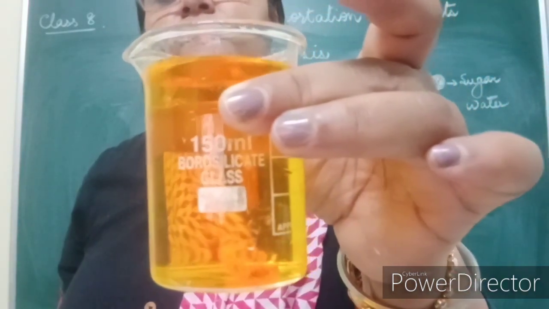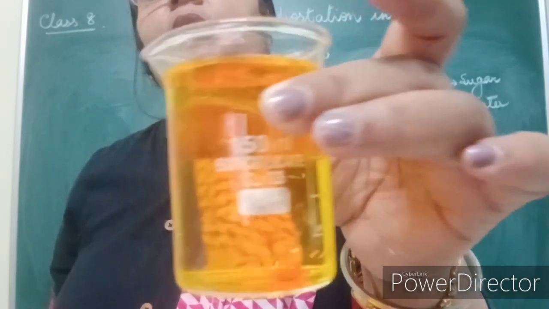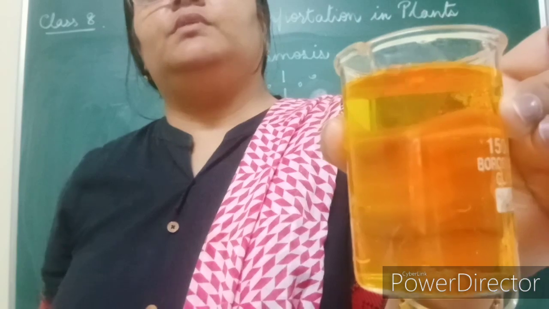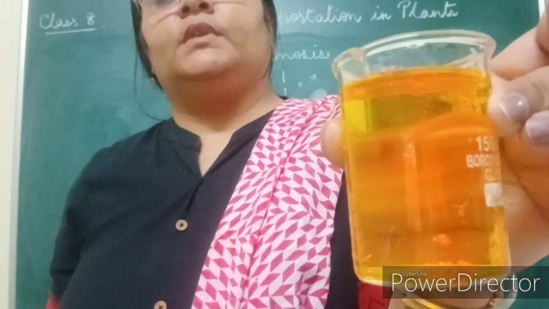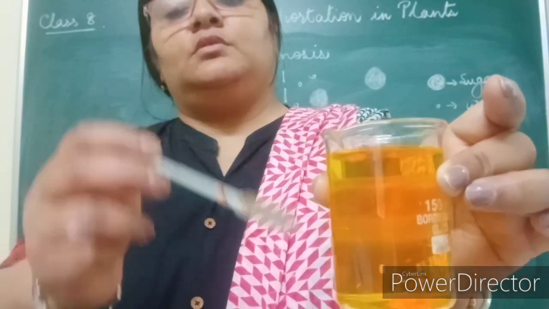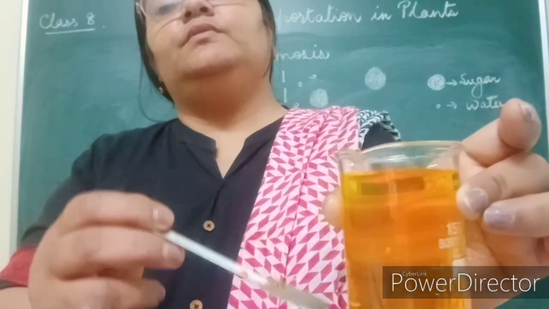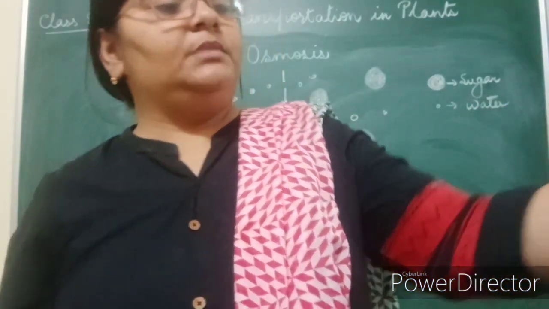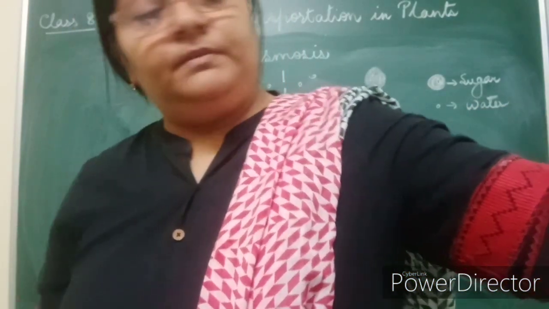So it has diffused between the molecules of water and formed a uniform solution. Right from the top to bottom you find a uniform color solution. So this is showing the process of diffusion.